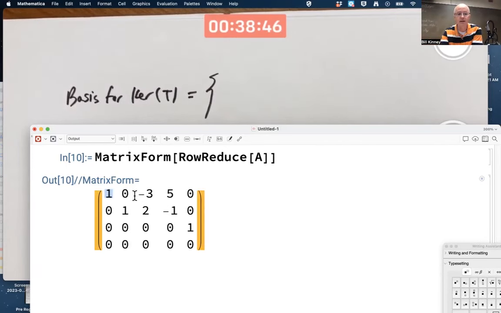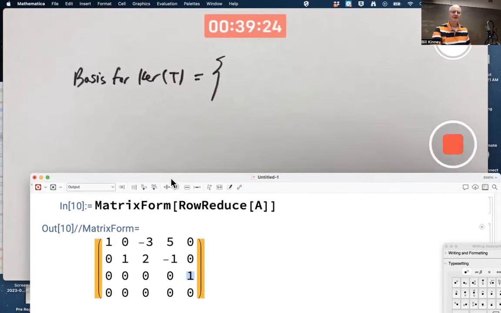So for example, x1 is 3 times x3 minus 5 times x4 when I bring those to the other side of the equation. x2 is negative 2 times x3 plus x4. x3 and x4 are free variables, so they just equal themselves. x5 evidently is 0 because you don't see any free variables, any other non-zero numbers there. x5 must be 0 because you got a 1, and then with an augmented matrix you'd have a 0 over there.